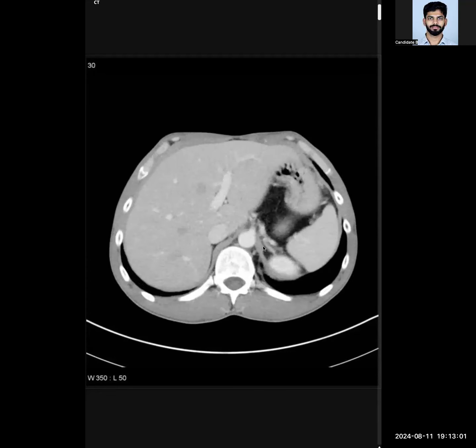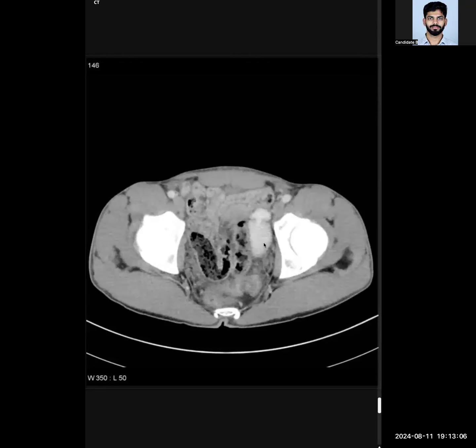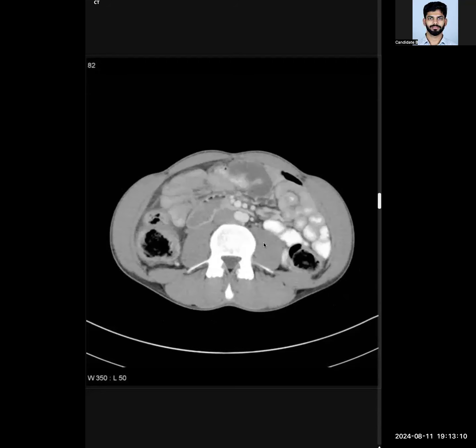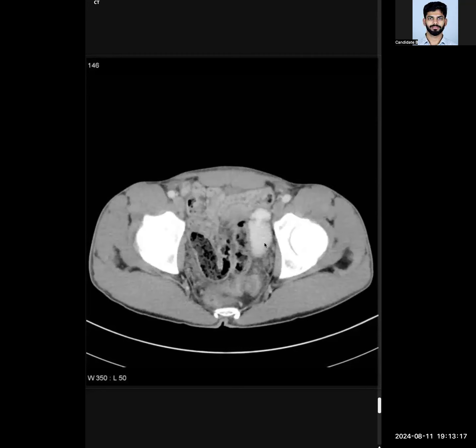Large bowel loops also appear distended with fecal matter. So there are dilated small bowel loops and large bowel loops.